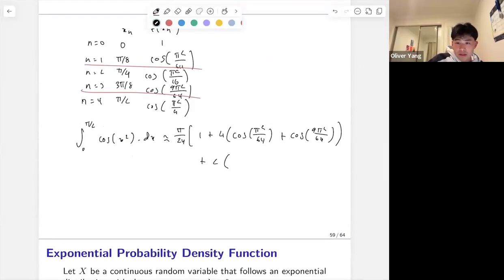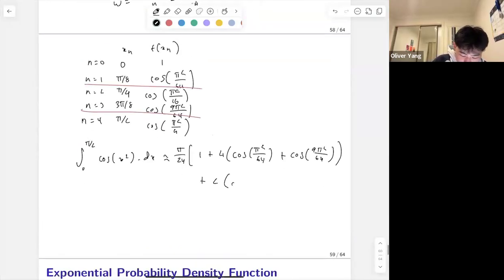So we're just going to do that: cos of pi squared over 16 plus cos of pi squared over 4.